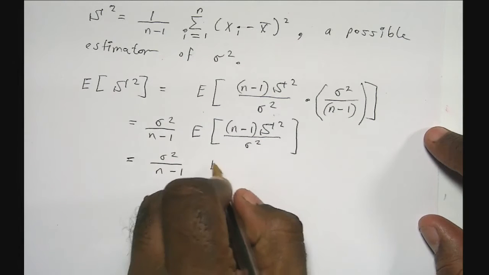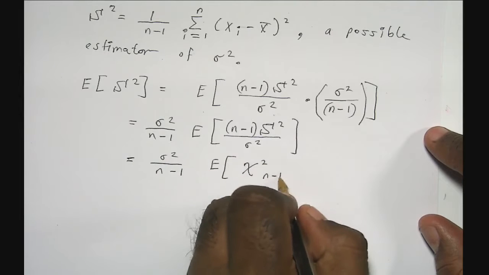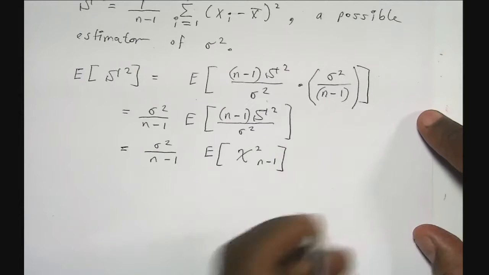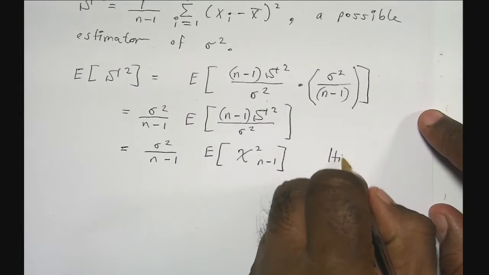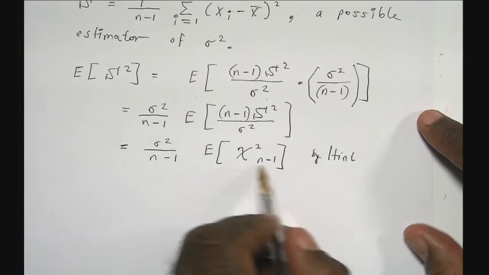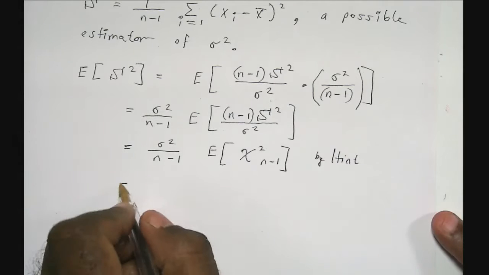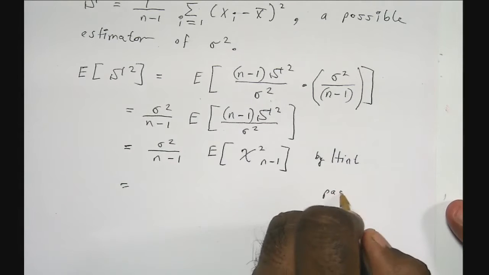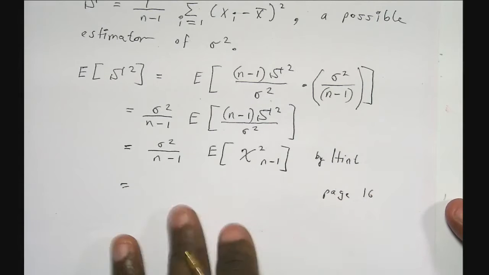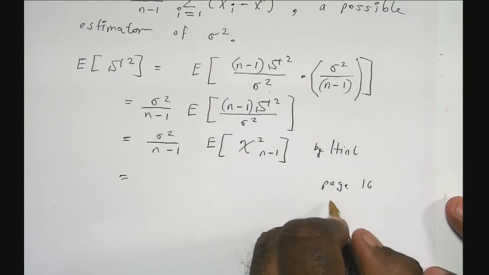Now, according to the hint, this has a chi-square distribution with n minus 1 degrees of freedom.